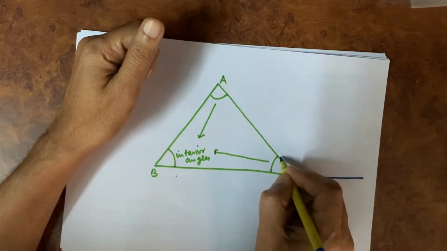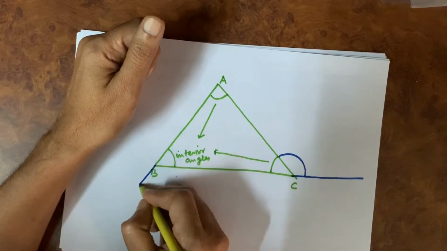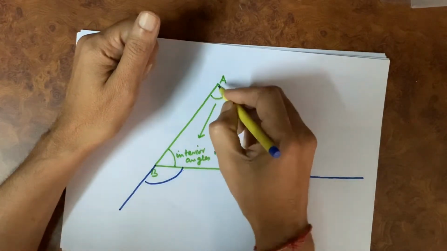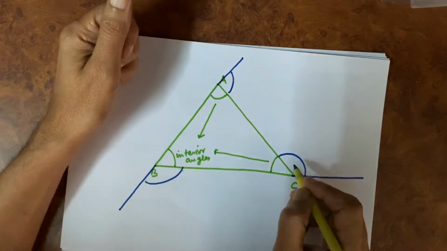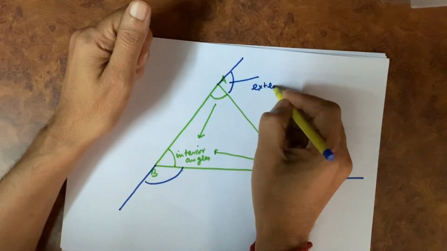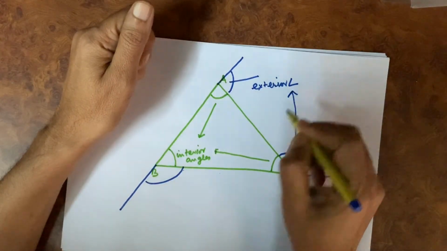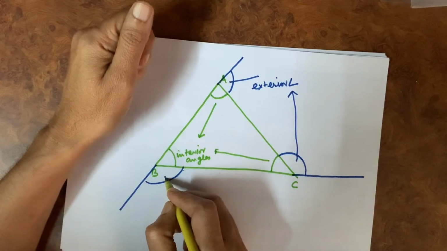This is exterior angle, this is exterior angle, and this is exterior angle. These three angles are exterior angles.